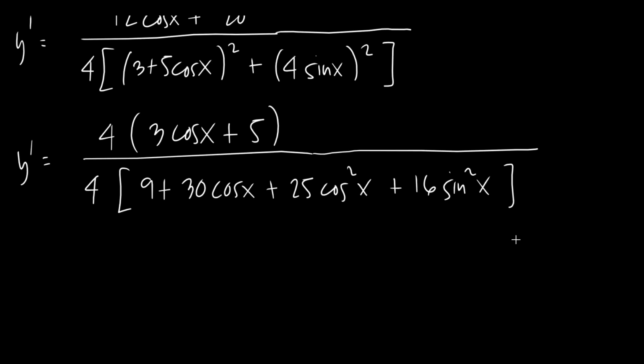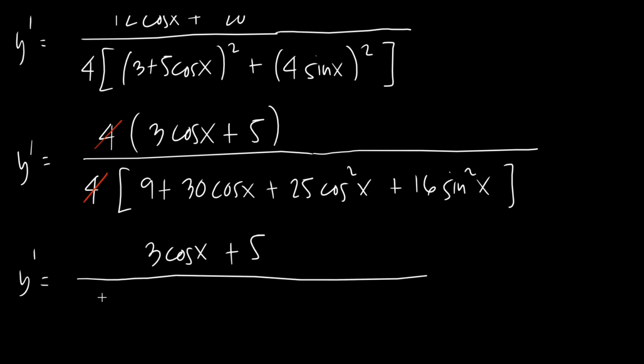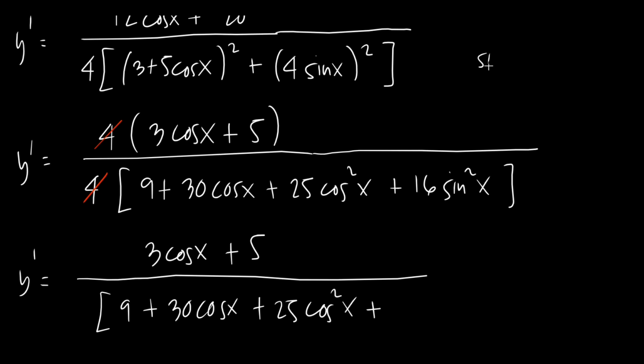So let's cancel this 4. So the remaining will be y prime is equal to 3 cosine of x plus 5 all over 9 plus 30 cosine of x plus 25 cosine squared of x, plus sine squared x. Sine squared x plus cosine squared x is equal to 1, so sine squared x is equal to 1 minus cosine squared of x.